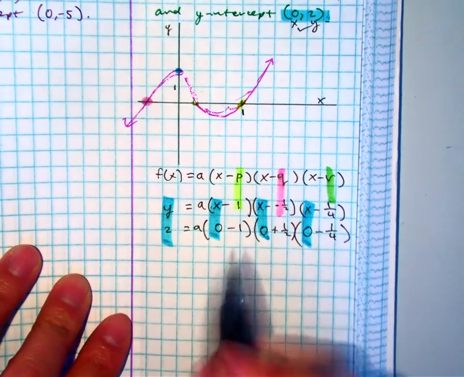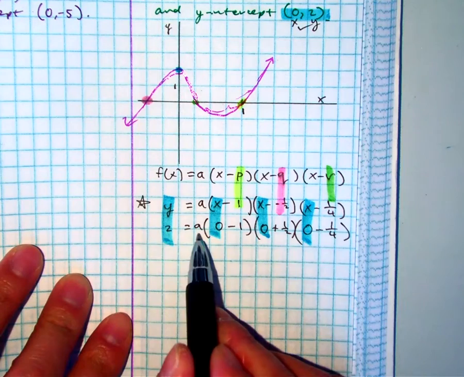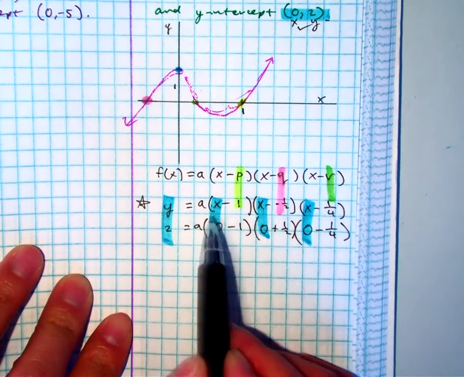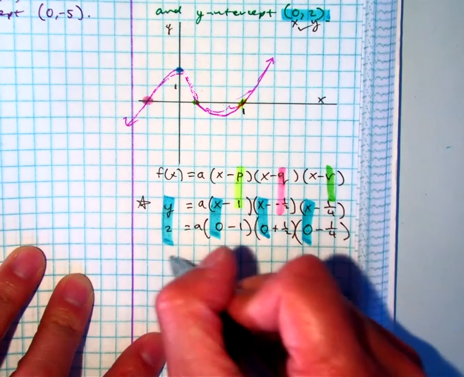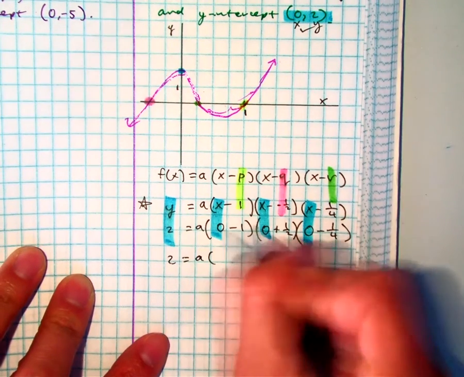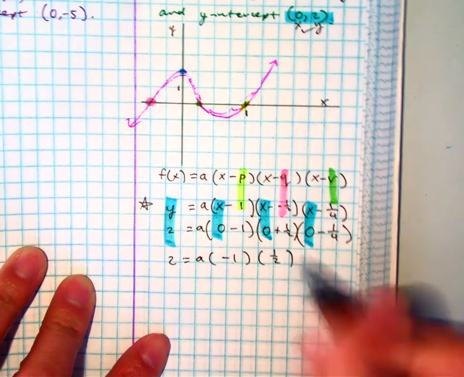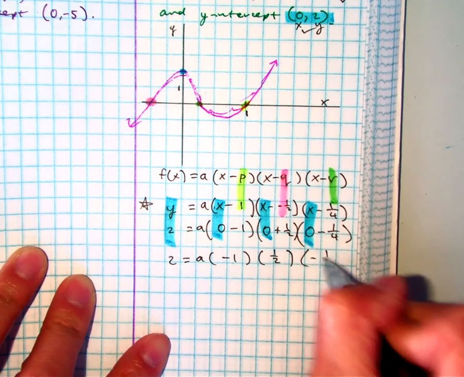And then basically what I'm going to do is I'm going to solve for the a value by simplifying all of that, get an a value, and then we're going to put it back right here, and that gives us a cubic equation. So 2 equals a times, 0 minus 1 is negative 1, 0 plus 1/2 is 1/2, and 0 minus 1/4 is negative 1/4.